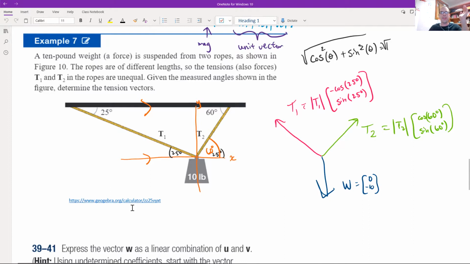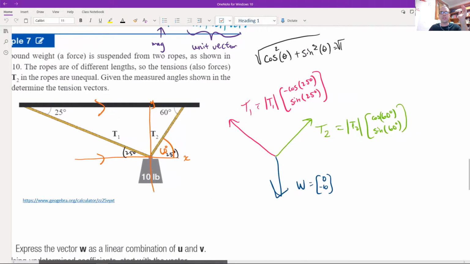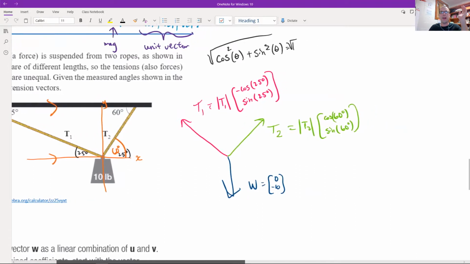Once we've done that, I'm going to scoot us over just a tad. We need to think about how these vectors are related.